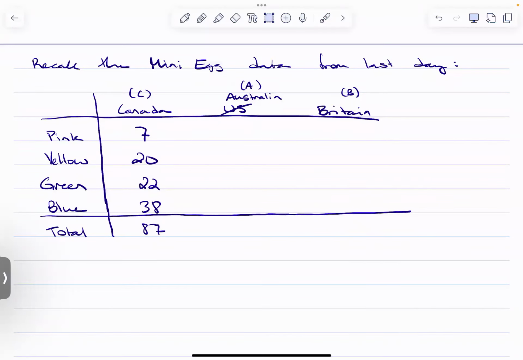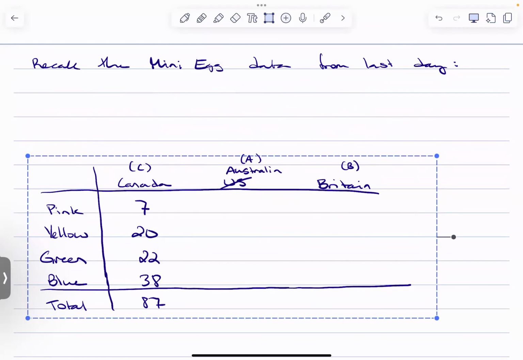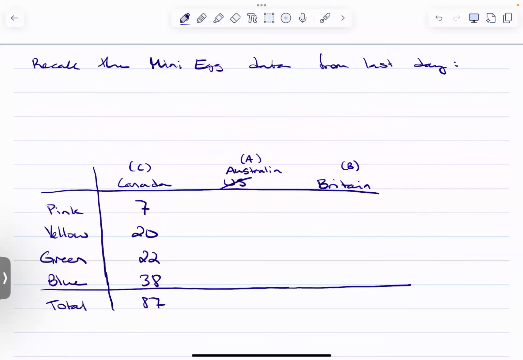And so now maybe I'll phrase the question here. Is there evidence, right? Whenever you see "is there evidence," it's a full hypothesis test.